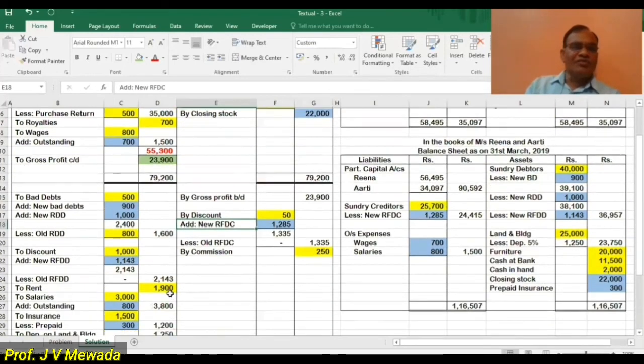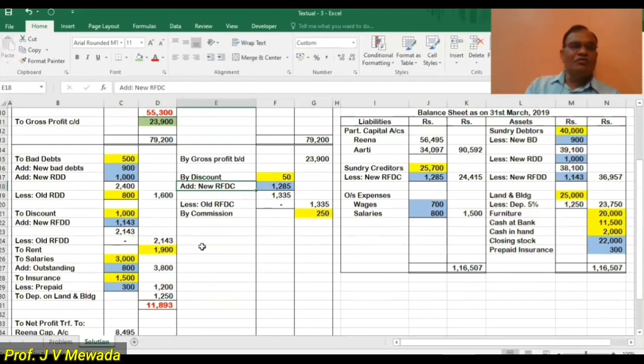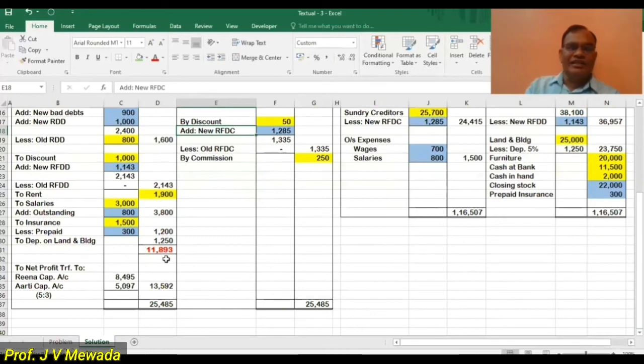The total of the second formula is 2,143. Salaries total is 3,800. Insurance total is 1,200. Okay. So the total of the debit side is 11,893 and the total of credit side is 25,485. So the difference appears on the debit side, and that difference is a net profit which we are transferring.